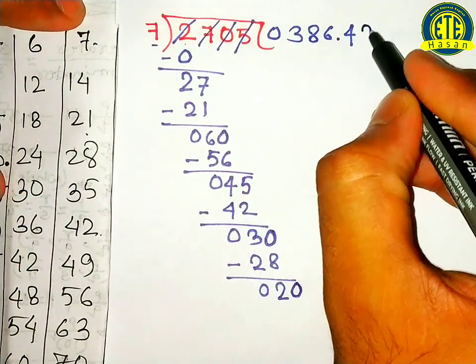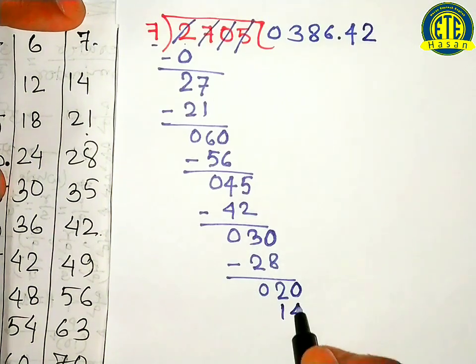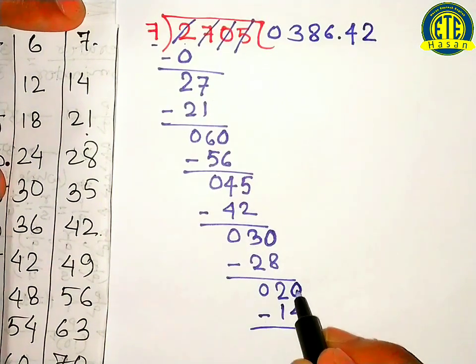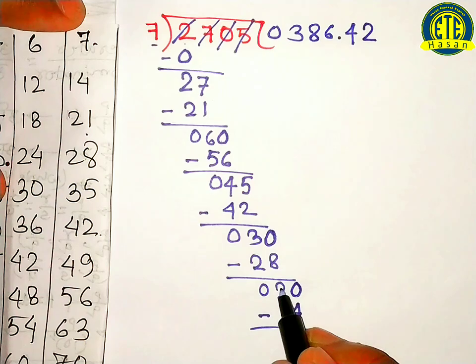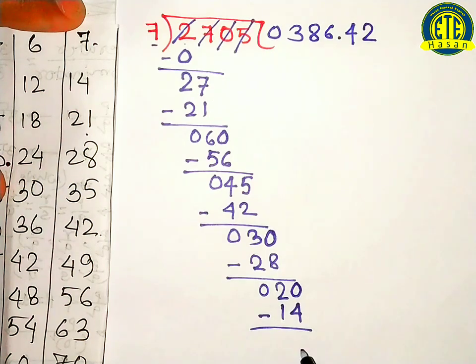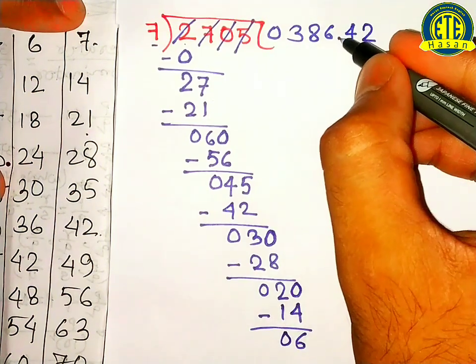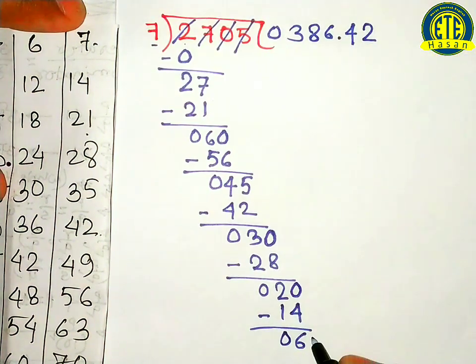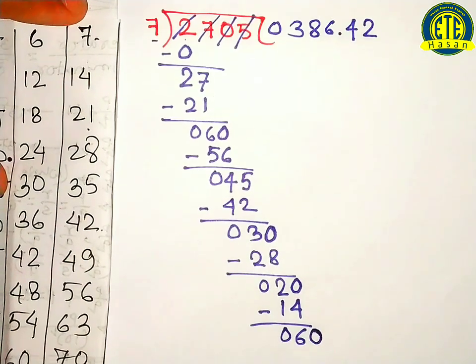So 7 2 is 14. Now subtract it. 0 minus 4, I can't subtract, so 2 will give 1 carry to 0. 0 becomes a 10. 10 minus 4 will be 6. 1 minus 1 will be 0. After subtracting, this decimal point will give a 0 again. Here I can write 0.